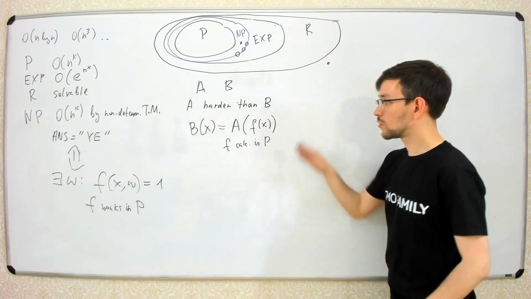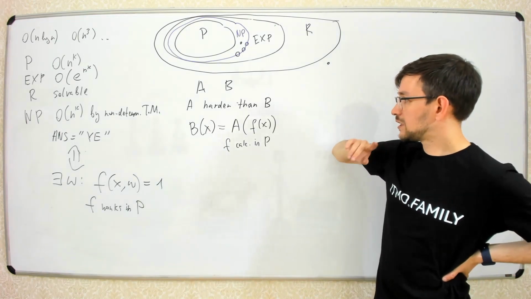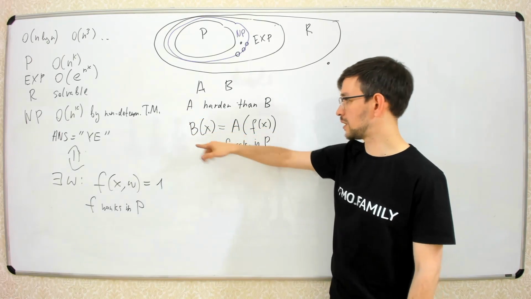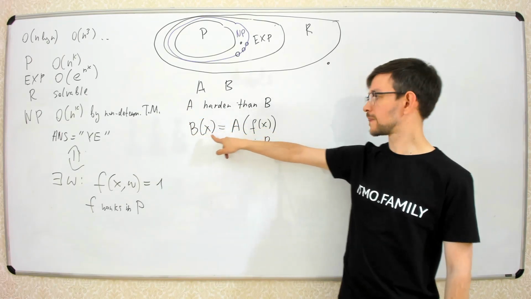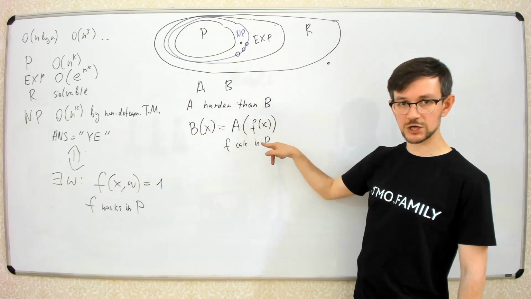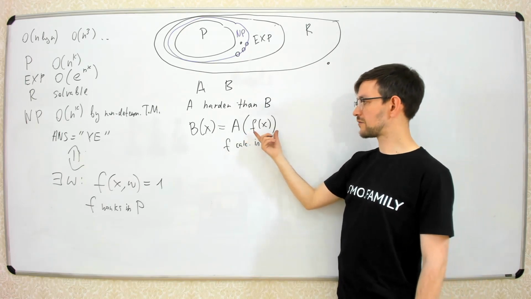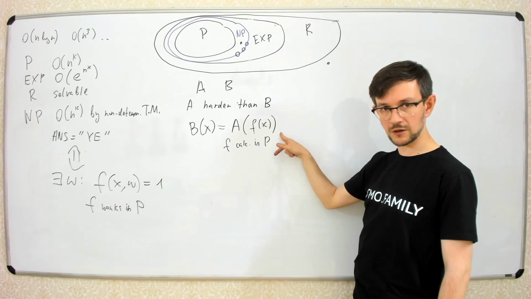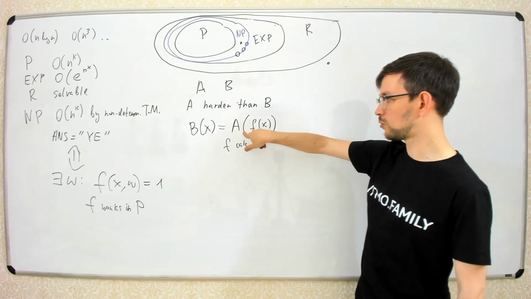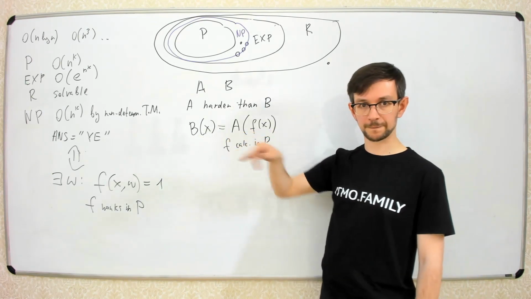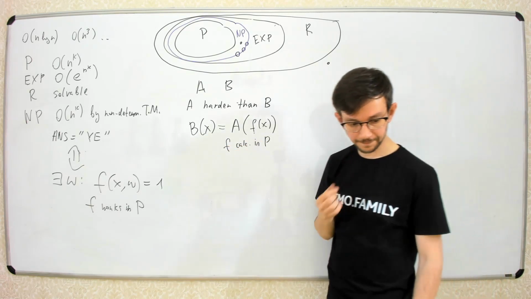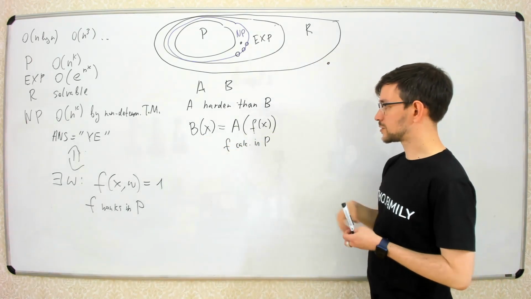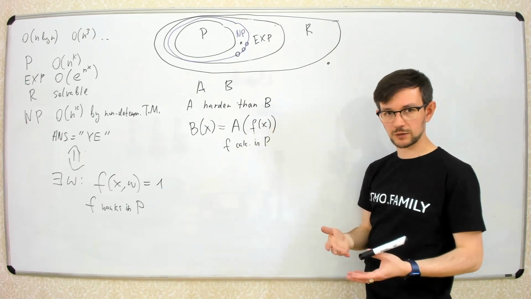What does it mean? It means that if we can solve problem A, then to solve problem B, we take the input of problem B, perform this modification and get the input for problem A, give this input to problem A, solve problem A, then the result of problem A will be the same as the result of problem B. Yes, this modification should be done in polynomial time.